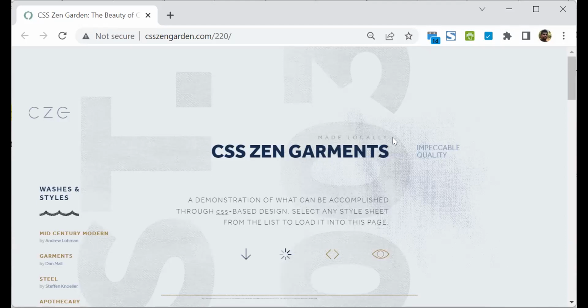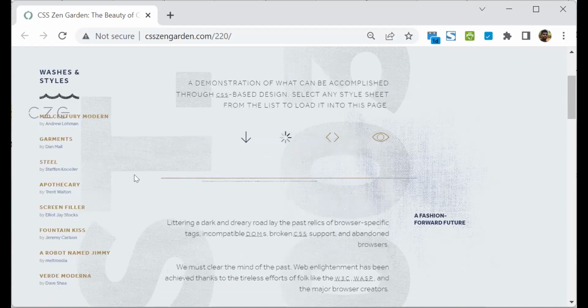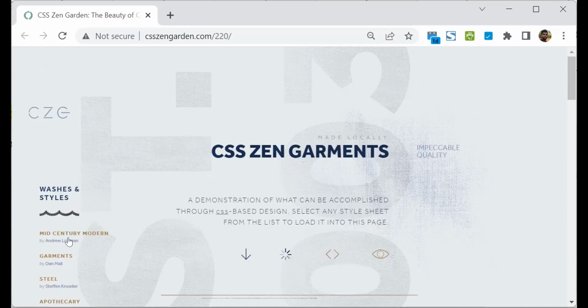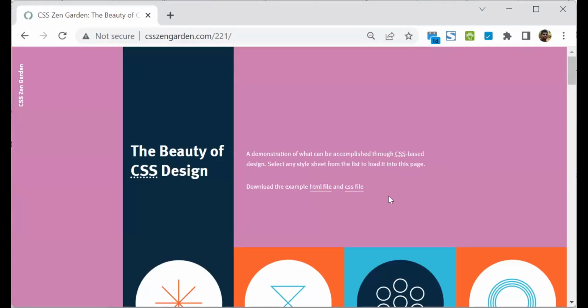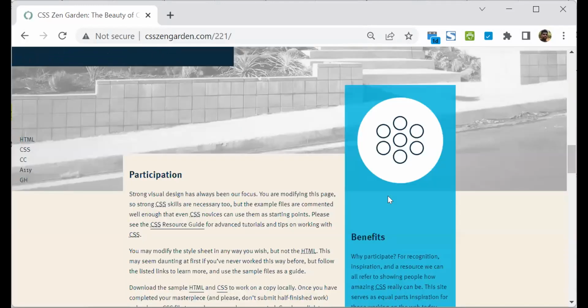Similarly, this is something that you are going to learn when you learn the visual interfaces with web development. This is called CSS Garden. This is the same content, but we are using a different style. So this is one style. Let me click this one. This is another style. Same content, you can see, right?